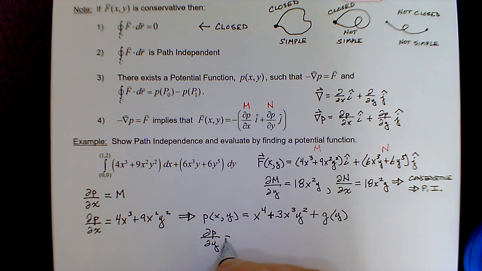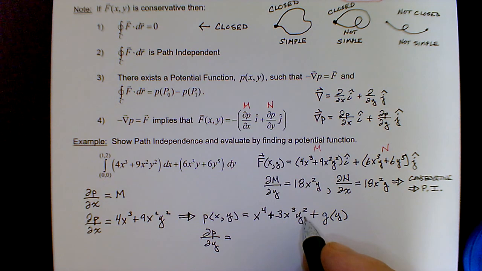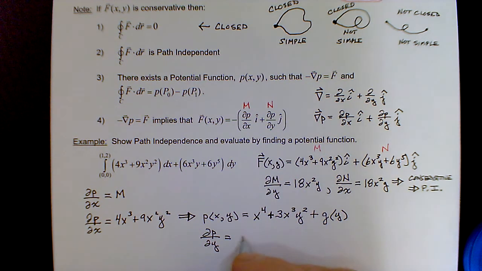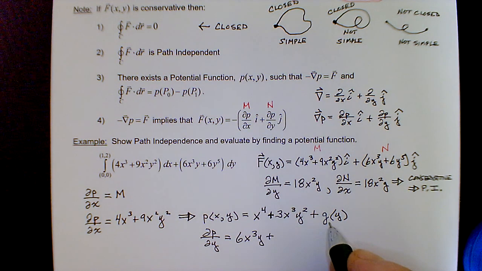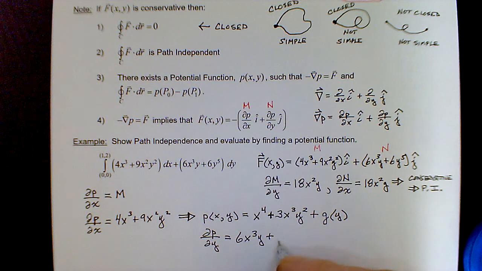Okay, so that's going to be the derivative where x is a constant. So this term goes to 0, and this term becomes the derivative of y squared, 2y, so 6x cubed y plus, and then in general, the derivative of g of y with respect to y is just g prime of y, its derivative.